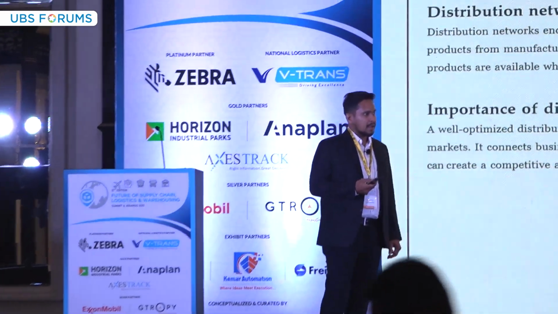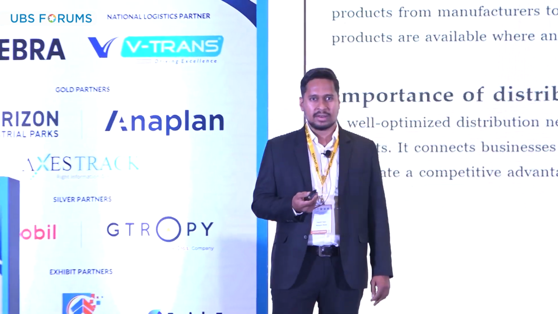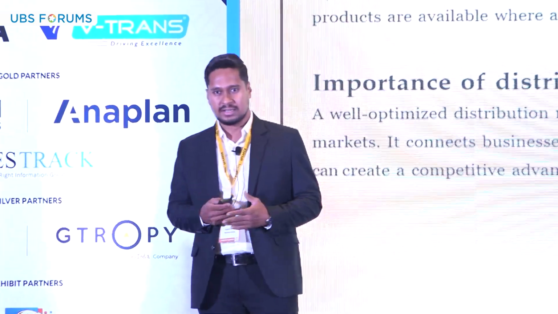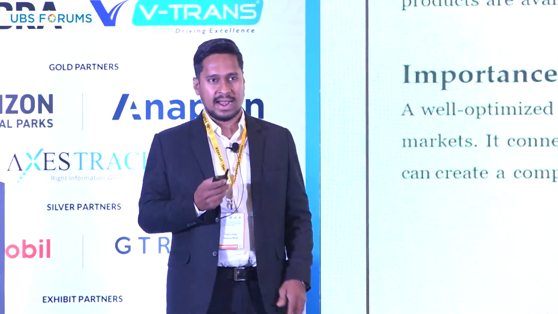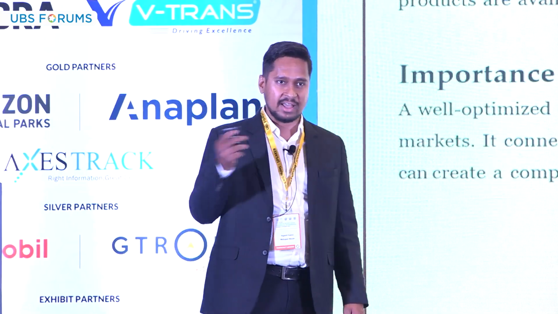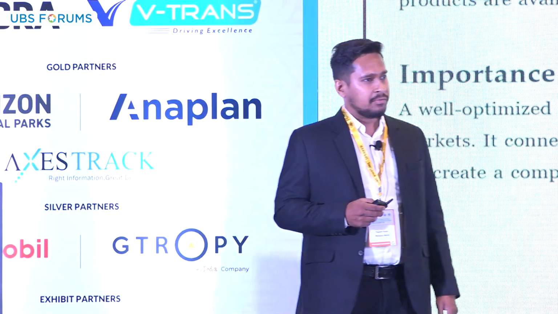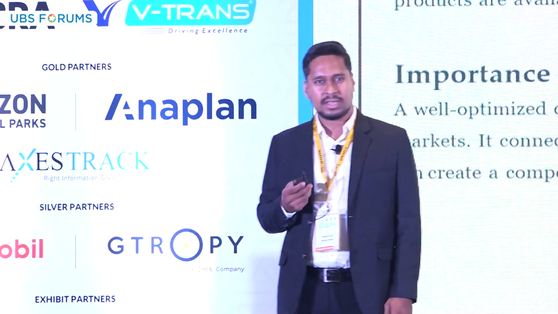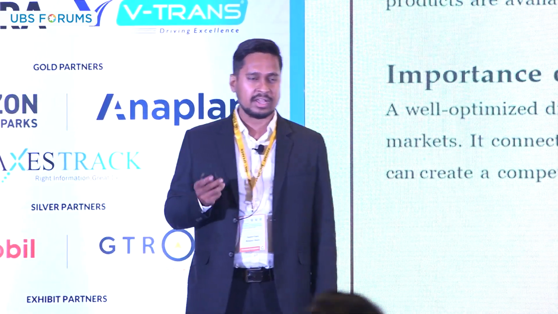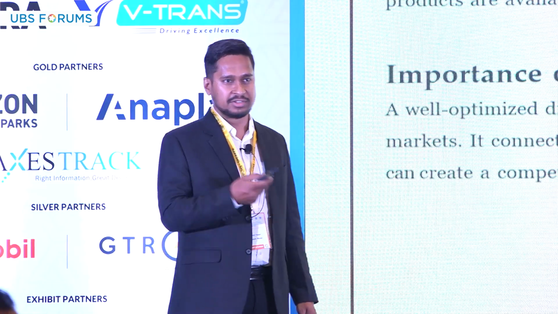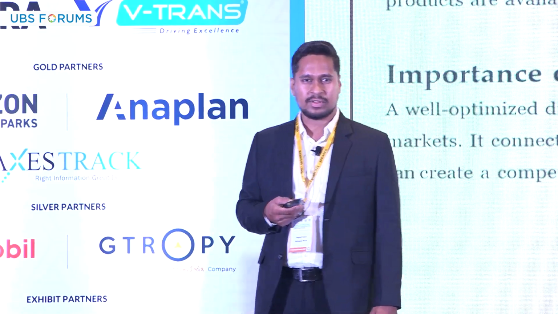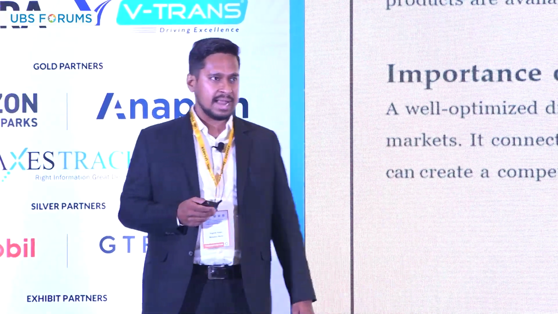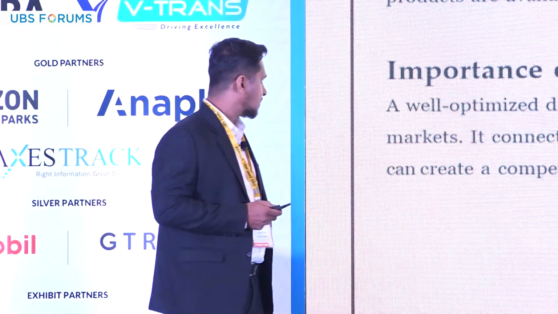Third could be a drop shipping model wherein the inventory storage cost is less, the handling is less. You may do a cross docking for better handling of the complete inventory. Fourth might be direct shipping to the customers without involvement of any distribution network, from the manufacturer to the customer. These are the three to four different types of distribution networks that we encounter in a complete supply chain.